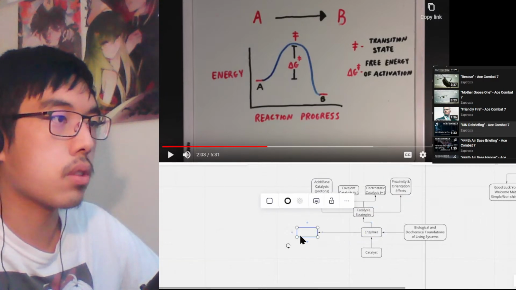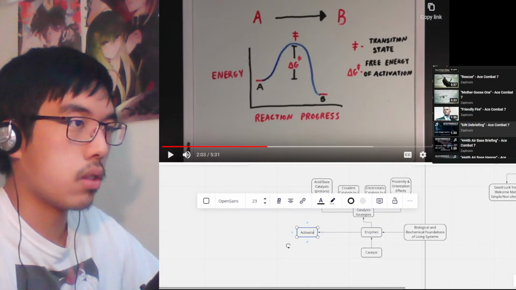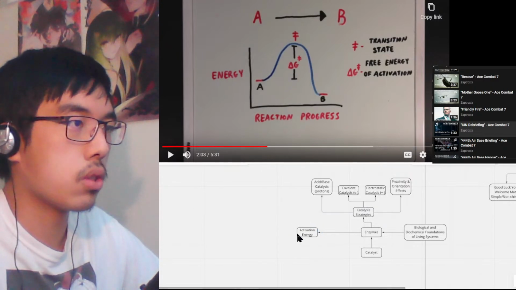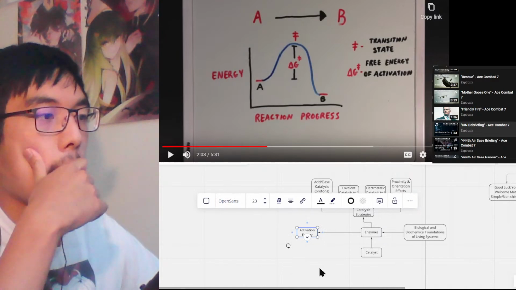Okay, so now I want to talk about activation energy, which will involve the conversation of transition states and free energy of activation.